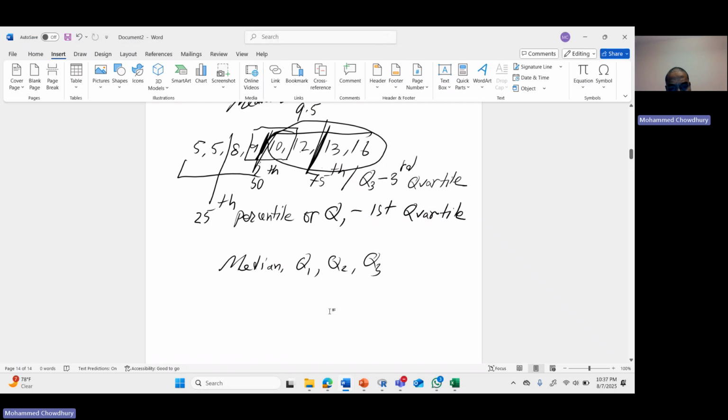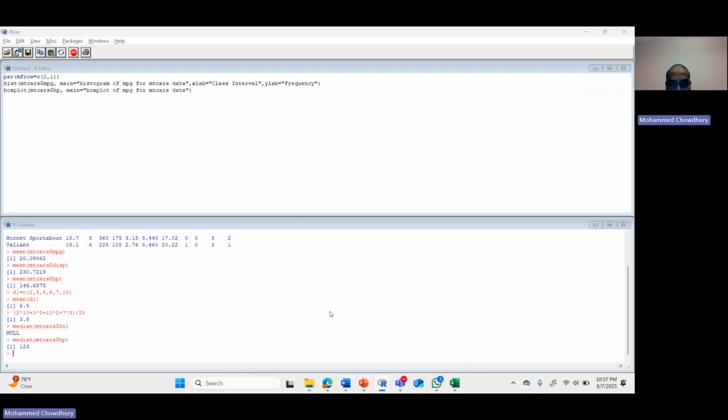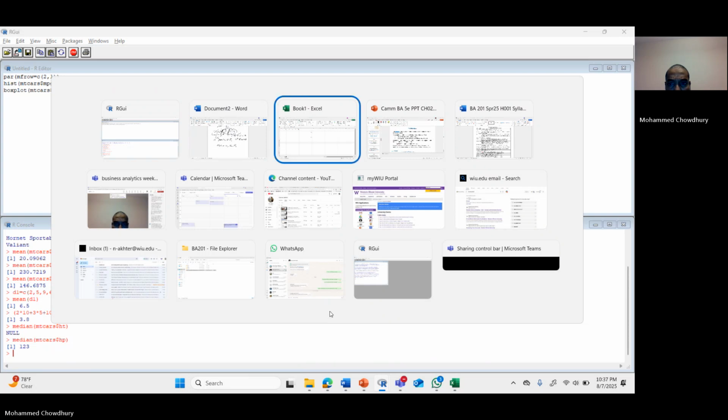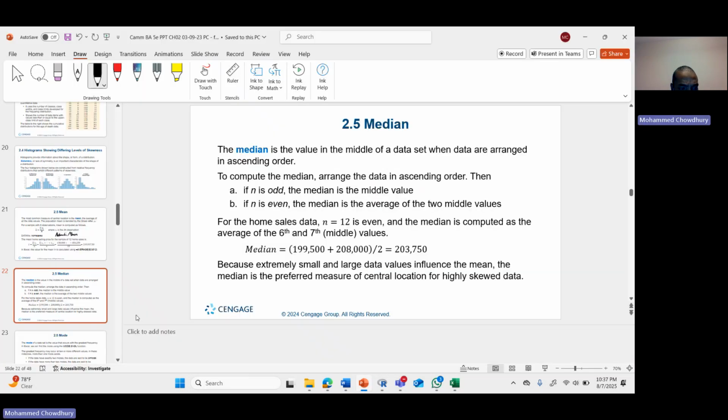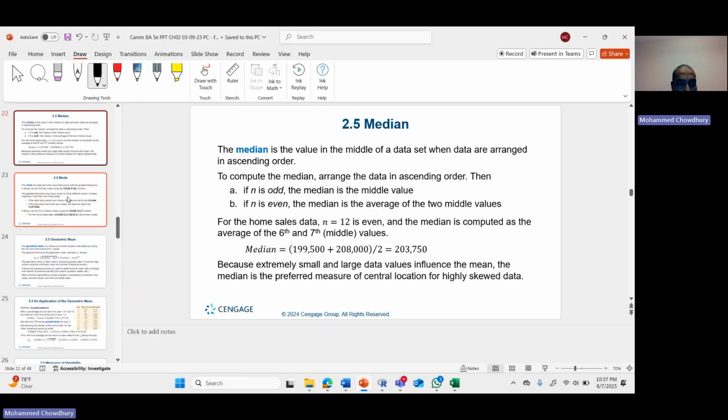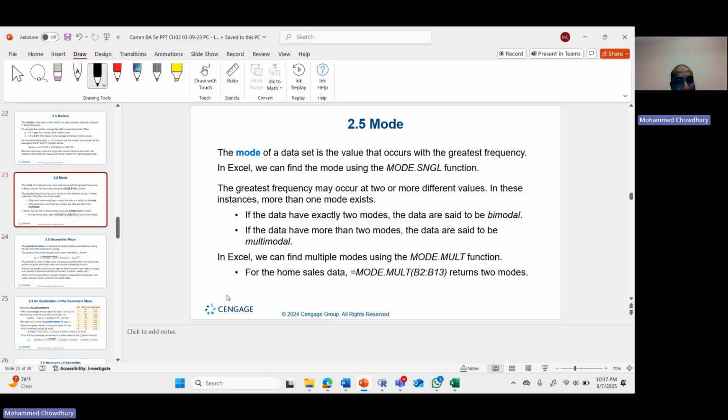After computing the median, let me take you to the next slides. Mode I already discussed. Mode is the value in the data set which appears the highest number of times. If only one observation appears the highest number of times, it is called unimodal.